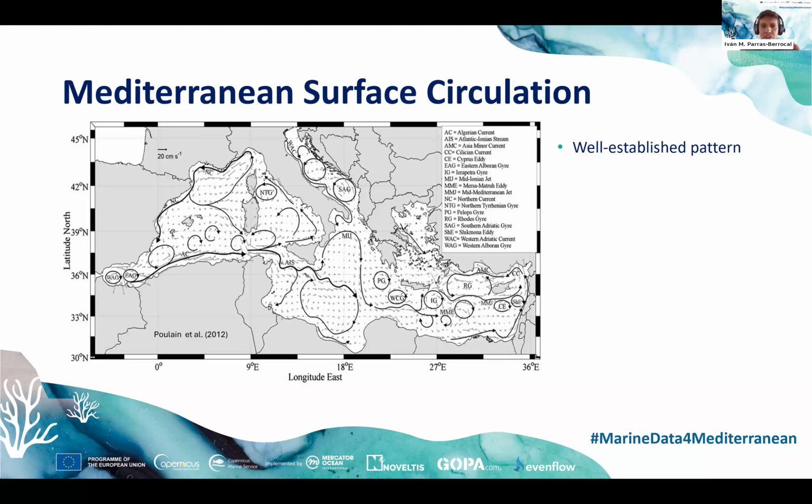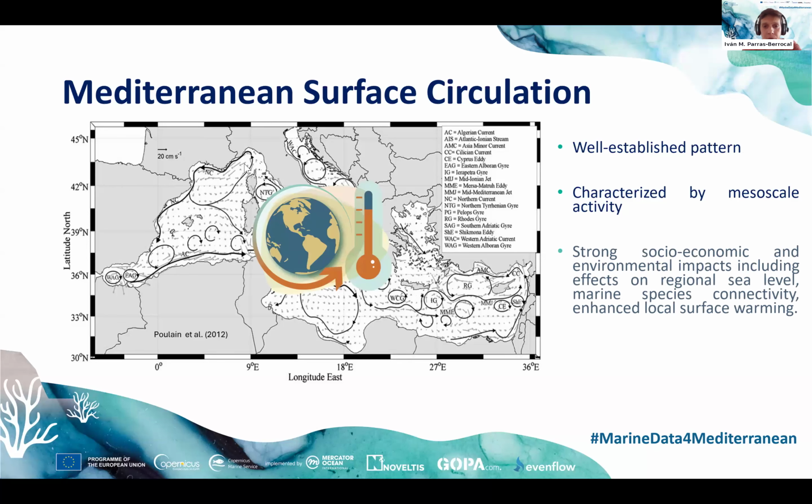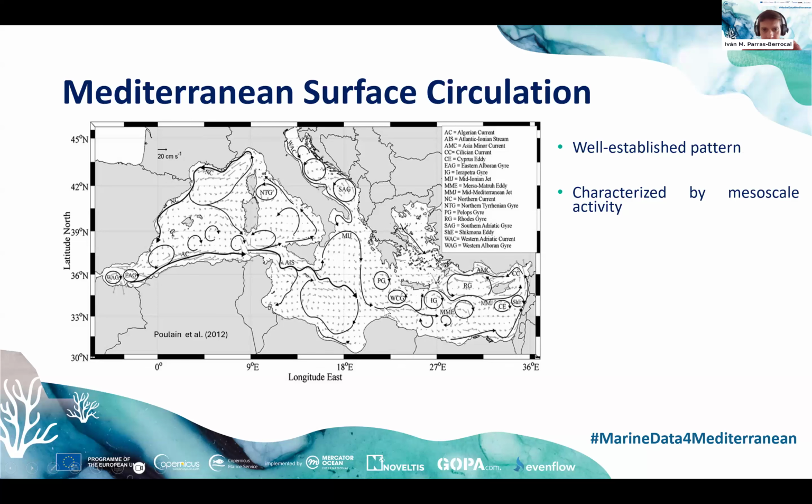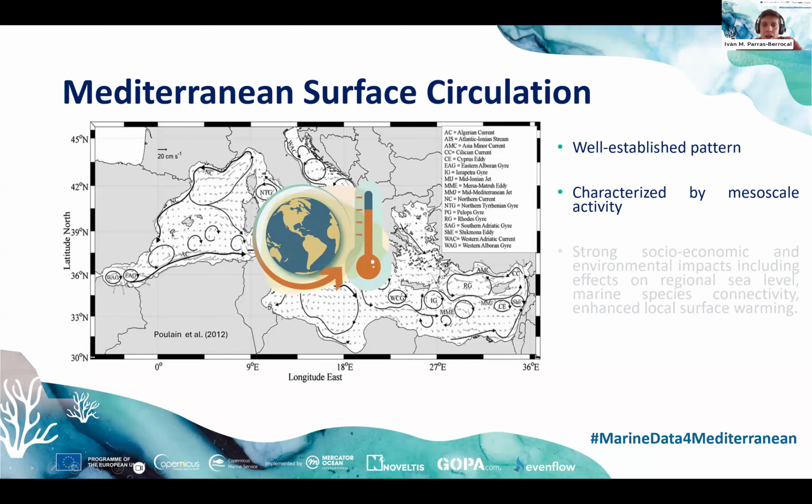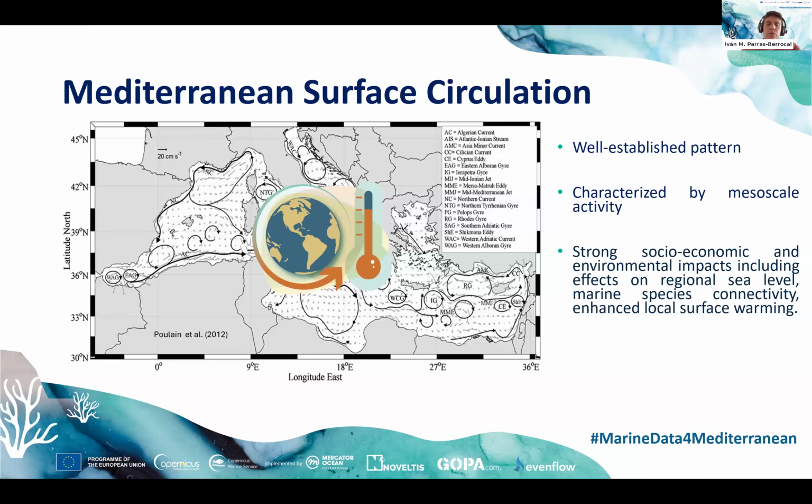This has a well-established pattern, and this circulation is well characterized by mesoscale activity, typically with cyclonic circulation in the northern coast and anticyclonic circulation towards the southern coast. But how is the expected global warming going to impact this surface circulation?